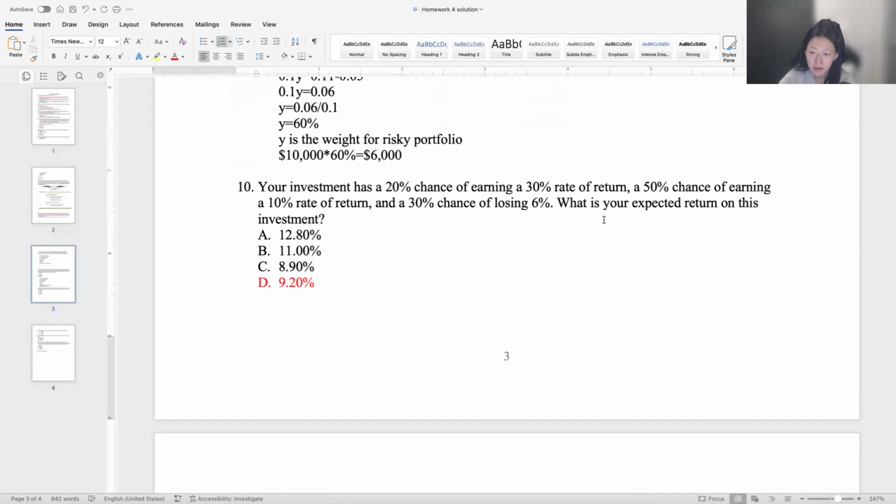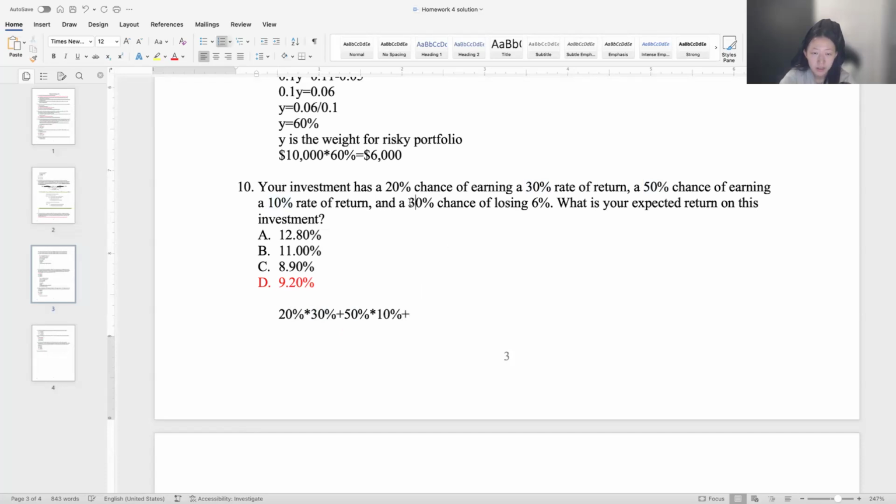We worked on how to solve for expected return when we are given the likelihood. So basically, we are using likelihood times the return. Weighted average is using the weight times the variable plus another weight times the rate of return under this scenario.